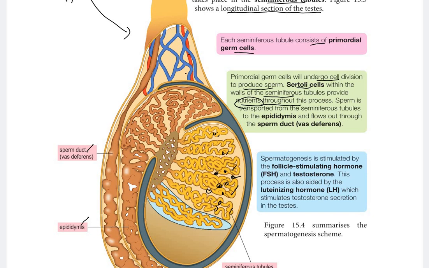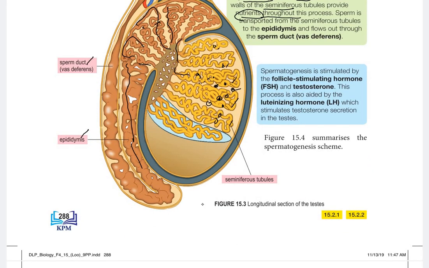So after the process occurs and produces the sperm, the sperm will then flow into the epididymis. This one is the head of the epididymis. Then through the epididymis, it will be transported into the sperm duct here.